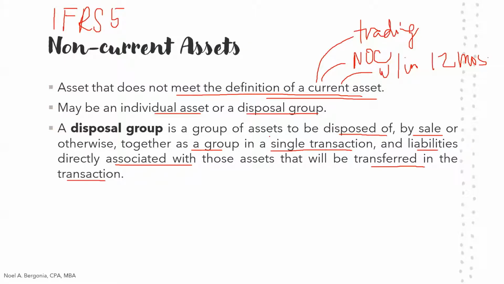It's actually just a reminder for us that what we are discussing right now is a non-current asset held for sale. Before it would be classified as held for sale, its former classification would be a non-current asset. So right now, let's define non-current assets held for sale in accordance with IFRS number 5.